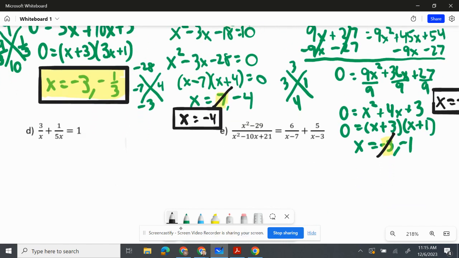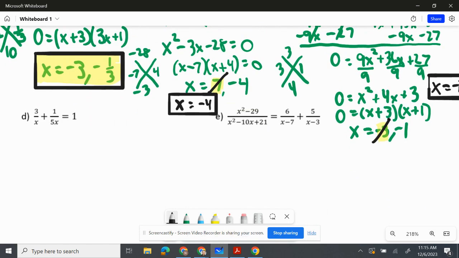So looking at letter D, we're going to do the same thing. We're going to look for our common denominator, but before that, we're going to find our excluded value. In this case, x cannot equal 0. x and 5x would give us a common denominator of 5x, so we're multiplying everything by 5x. The x's cancel. 5 times 3 is 15.